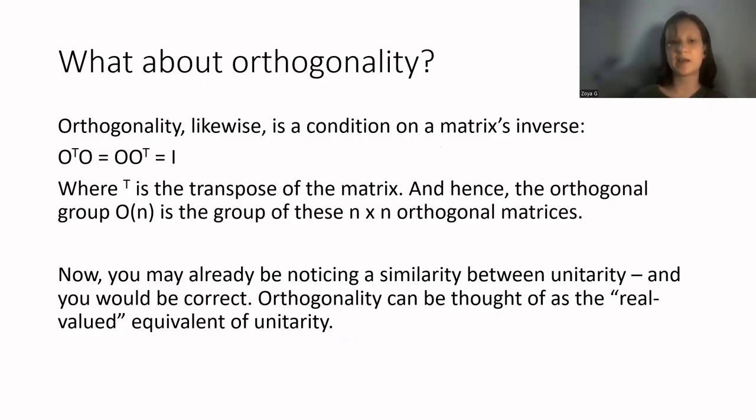Orthogonality can be thought of as the real valued equivalent of unitarity, and it is, I believe, quite useful once you get a little bit deeper into the mathematics of it all to consider how unitarity and unitary groups can be transformed into orthogonal groups through homeomorphism or isomorphism. And in general, it just provides a different way to think about things, which I believe is always useful when learning if you get stuck, right?